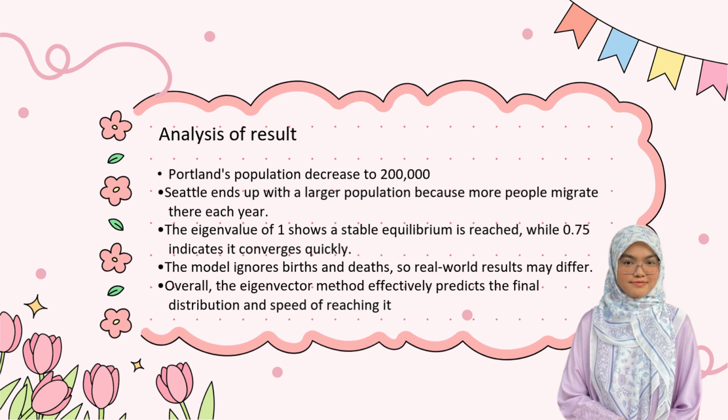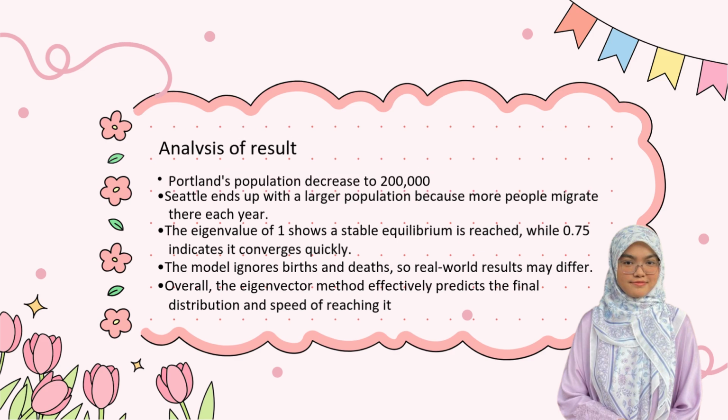However, it is important to note that this model assumes fixed migration rates every year and does not include factors such as births, deaths, or even unexpected changes in migration patterns, which may affect the accuracy of the predictions in real-life situations. Overall, the eigenvector method is useful as it clearly shows both the final stable population distribution and how fast this distribution is achieved over time.